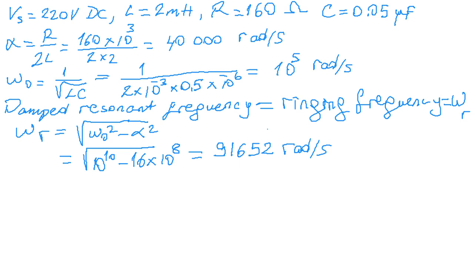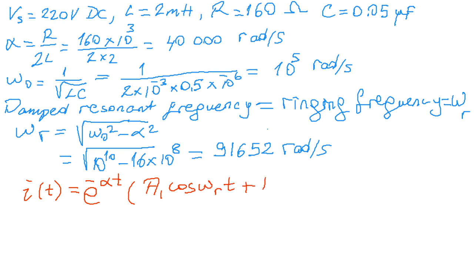Solution was i(t) was e to the minus alpha t times A1 cosine omega R t plus A2 sine omega R t. You remember we derived that equation.